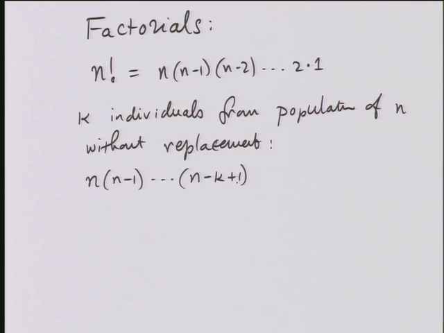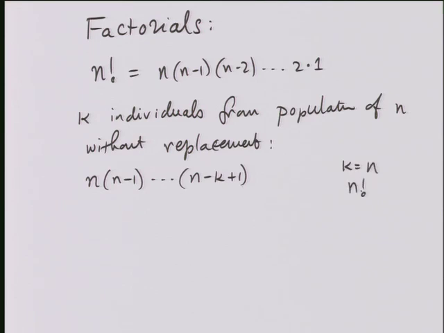So you have k different terms here. For the first one, there are n choices. Second one, n minus 1. Kth one, n minus k plus 1. So for example, if k is equal to n, then this is exactly n factorial.